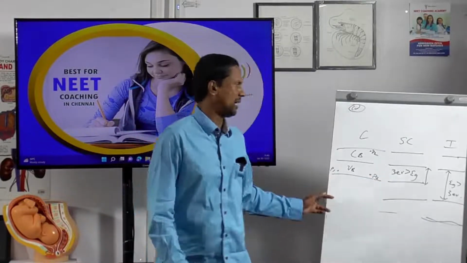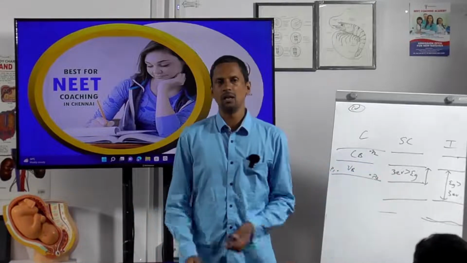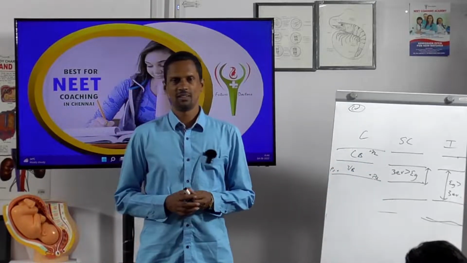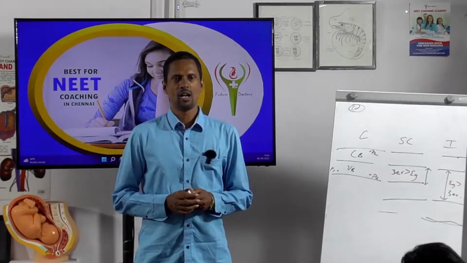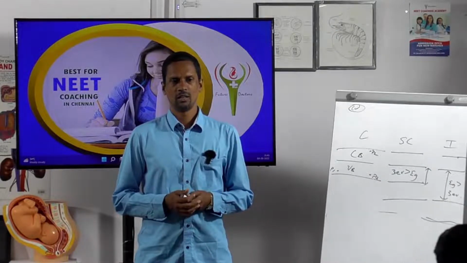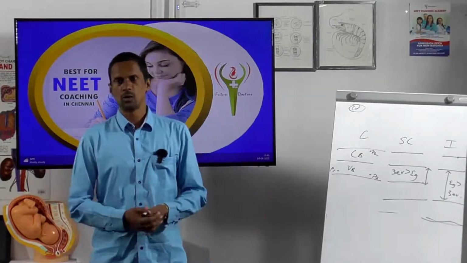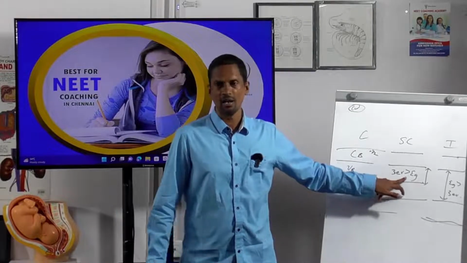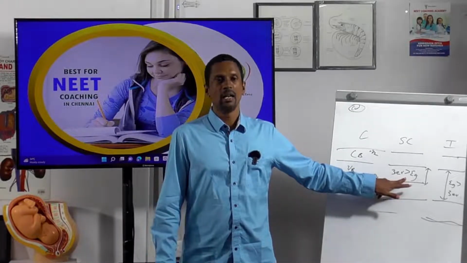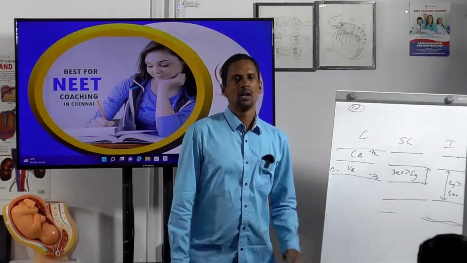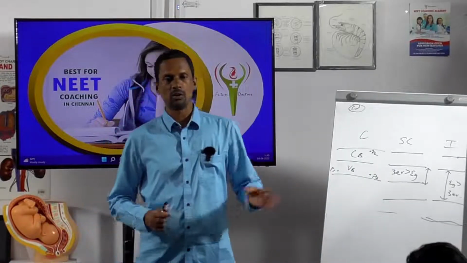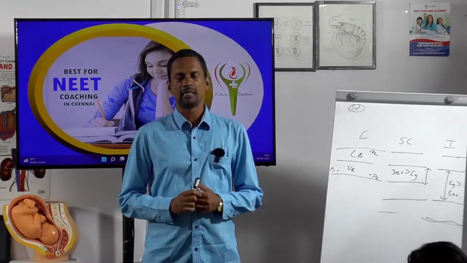Now we come to the semiconductor. What could be the value of Eg now? Less than 3 electron volt. So it could be 2.9. If the value lies around 2.9, it's a semiconductor.